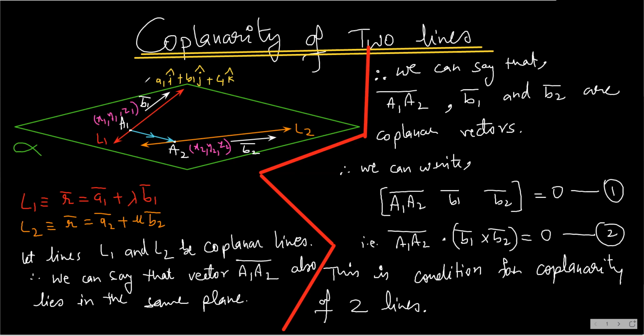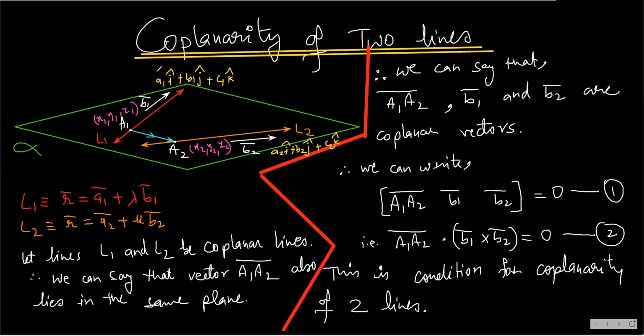So this is vector B1 bar. And B2 bar is, say, a2 i cap plus b2 j cap plus c2 k cap. I could have taken alpha 1, beta 1, gamma 1, but I did not want to. It is just for the sake of understanding.